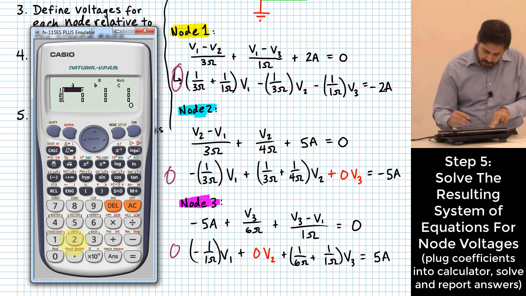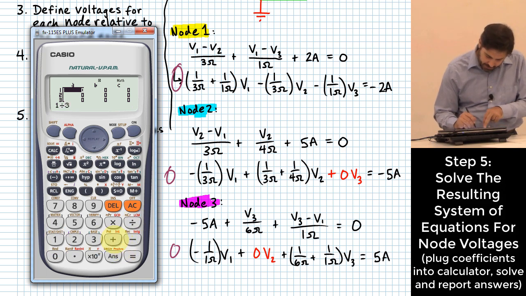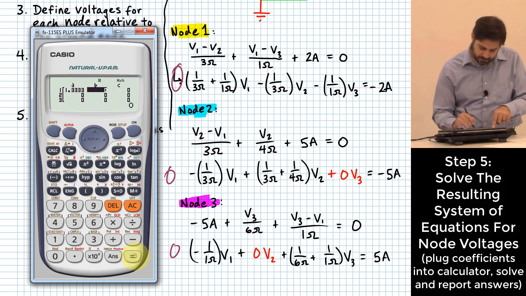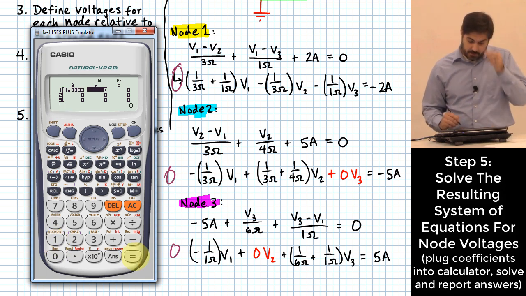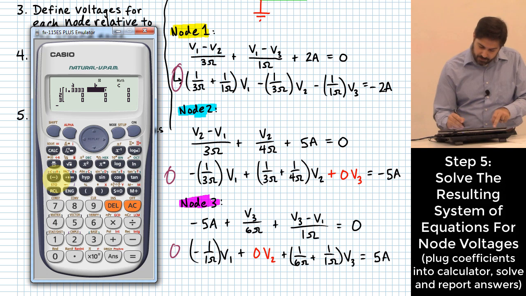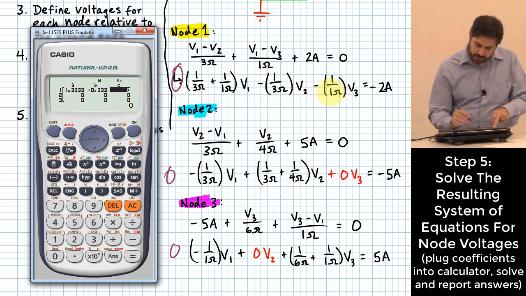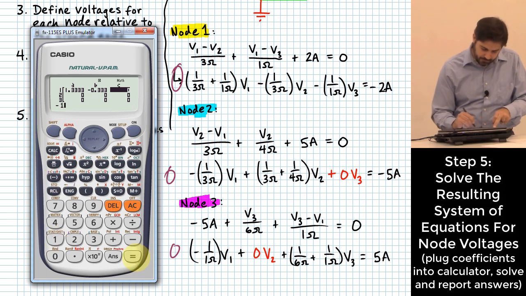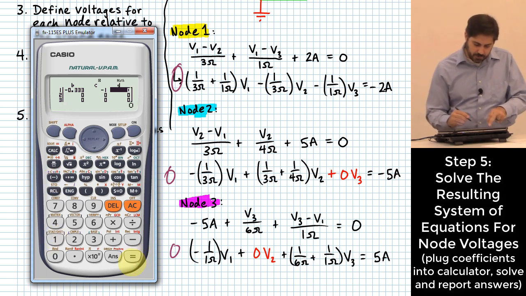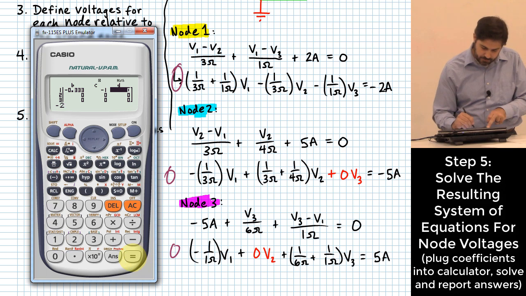Okay, so right here we'll do 1 over 3 plus 1 over 1. Okay, for my first entry. For my second entry, I will do negative 1 over 3. Right? The next entry, I'll do negative 1. And then for the last one, I'll do negative 2.